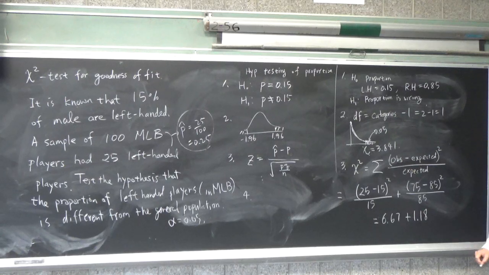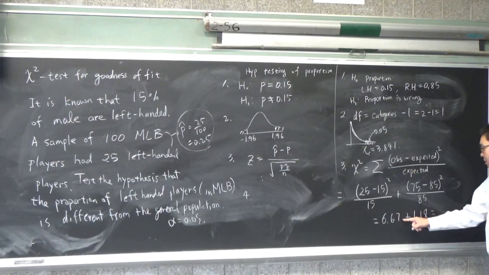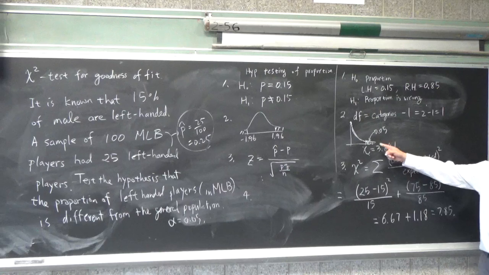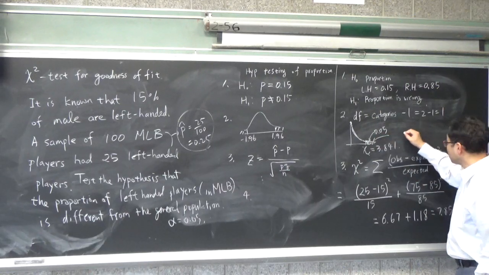Okay, 1.18. So the sum of these two is 7.85. Does this fall in the rejection region? Yes, it does. It falls right here.